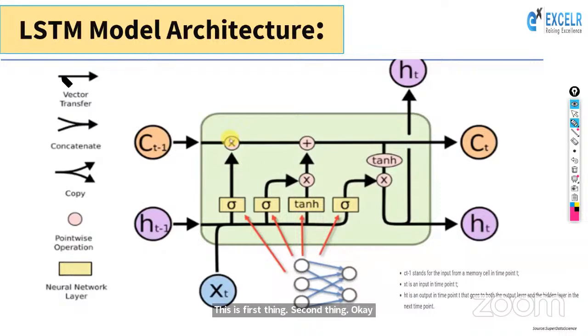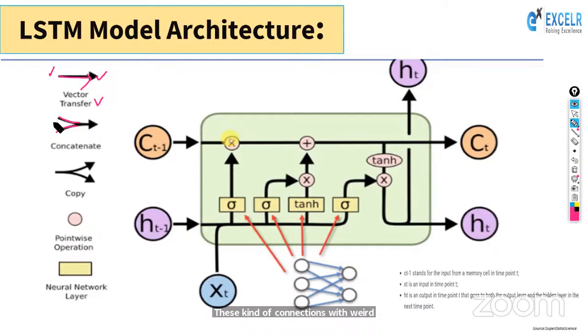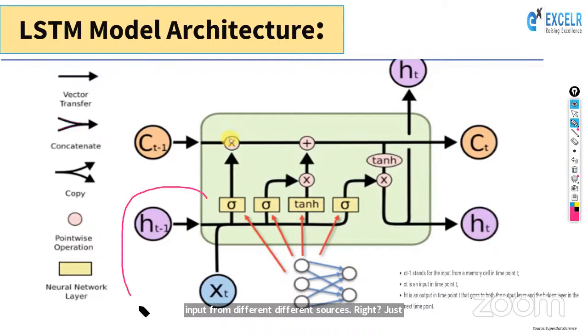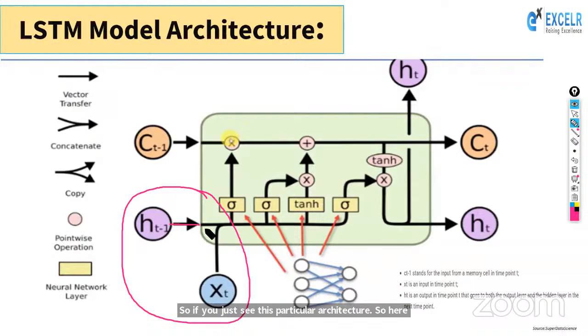Second thing, these are some interpretations. Where you see this single arrow, that is the vector transfer. That means whatever value we have at input is being transferred to the next point. These kinds of connections mean we are concatenating the input from different sources. If you see this particular architecture, here we have an input from h of t minus 1 and x of t, and these two inputs will get concatenated.